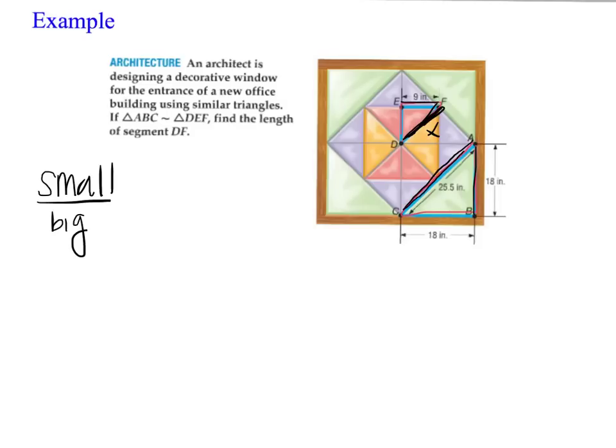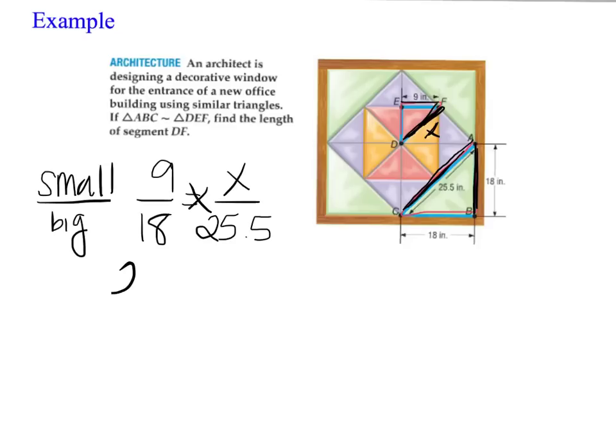So I'm going to set up my proportion knowing all those things. So my small is 9 to my big, here, 18, equals my small of my X over my big 25.5. Then we cross multiply here, and we get 9 times 25.5 as 229.5 equals 18x.